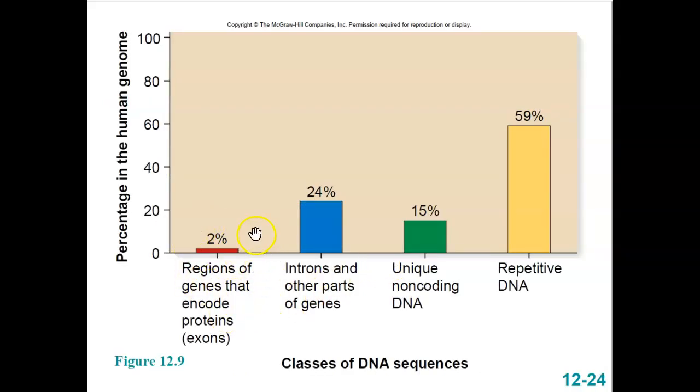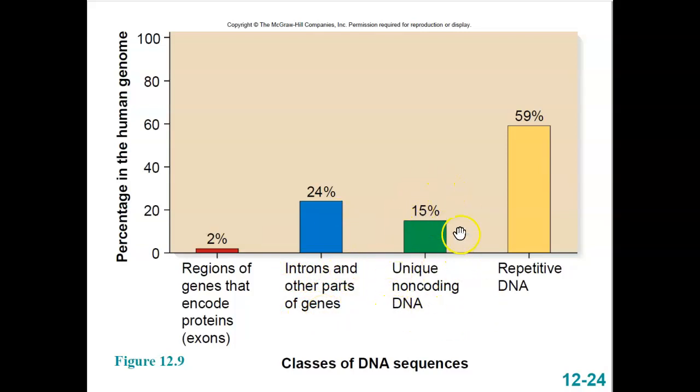So here are the regions that encode for in the human genome. The four classes: regions of genes that code for proteins, only 2% of our genome is made up of exons. Introns and other important regions of genes make up 24%.